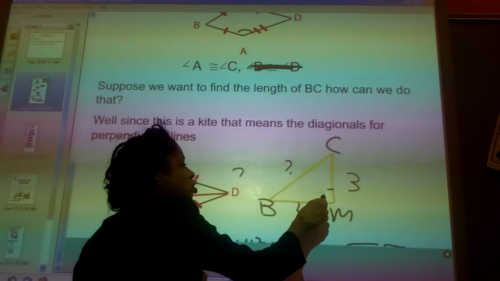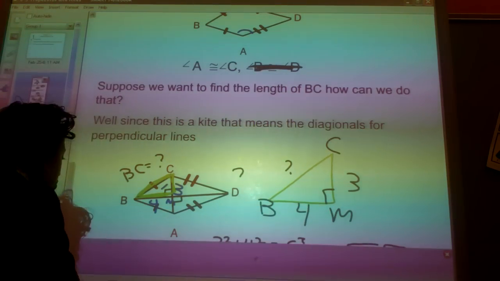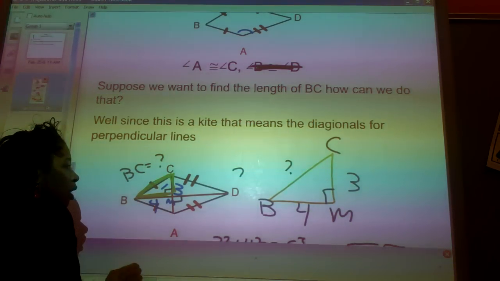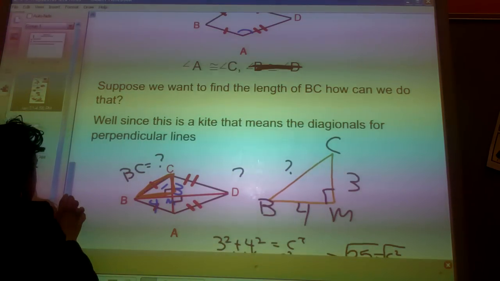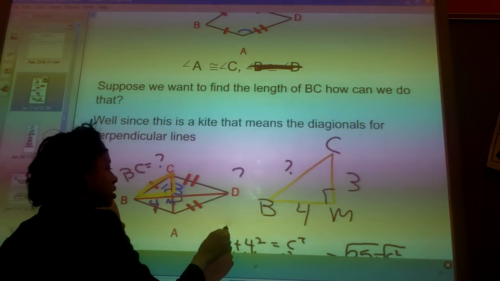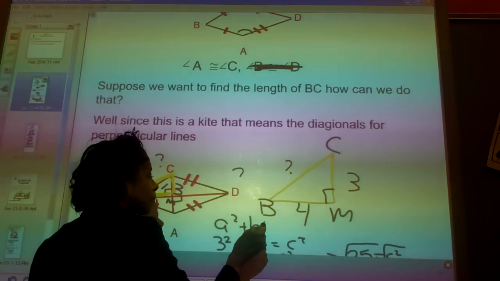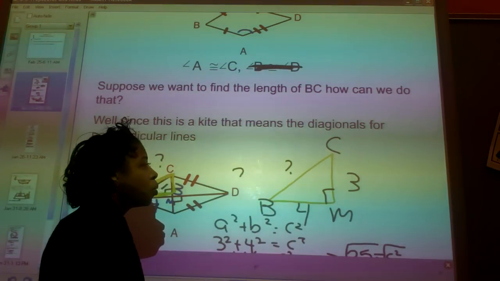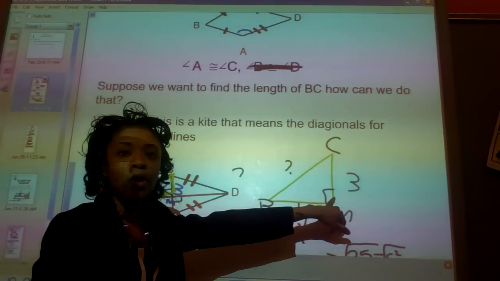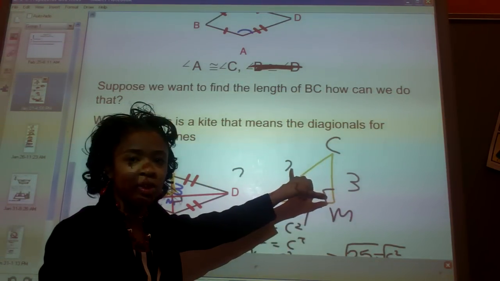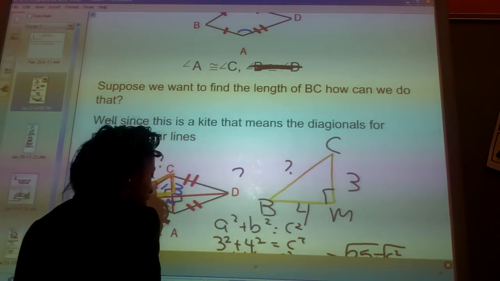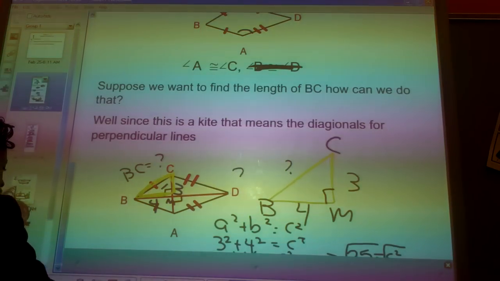Well, if this is a right triangle, that means I can use the Pythagorean theorem. Remember, let's recall, that's A squared plus B squared is equal to C squared. Well, which one is our C? Remember, your hypotenuse is always opposite the 90-degree angle, which is your BC. Now, I'm just going to solve by substitution.